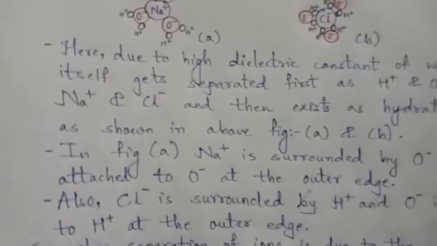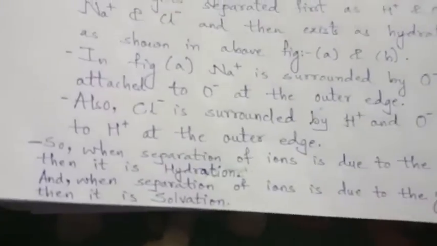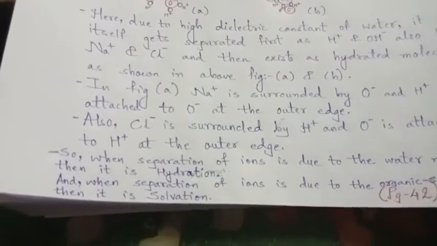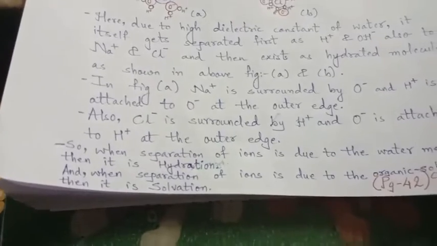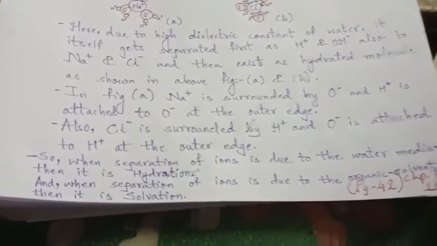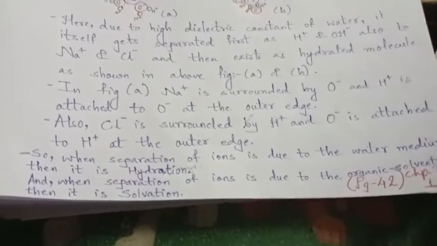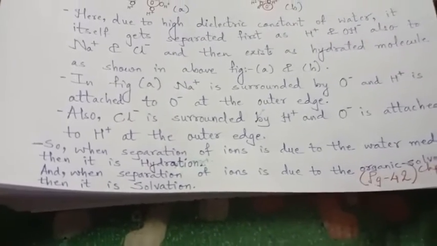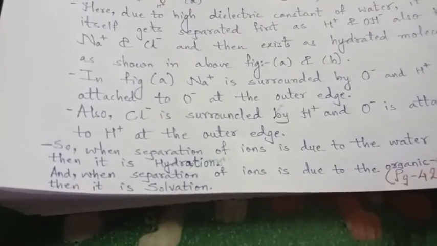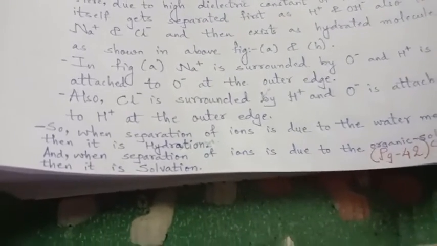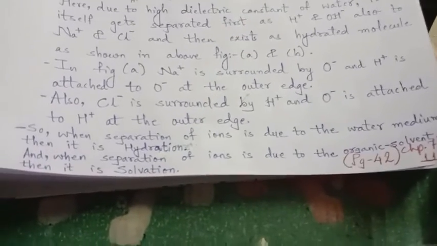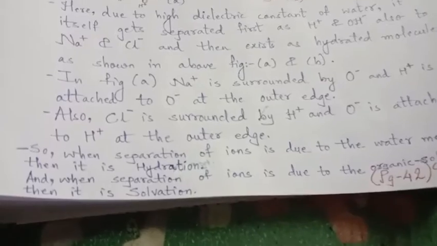This is how the separation of charges, that is ions, takes place in the solvent. This separation of ions is given a name because it is a type of process. When separation of ions is due to the water medium, it is the hydration process, and when it is due to an organic solvent, it is solvation.